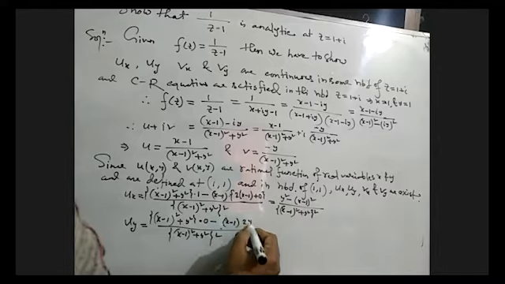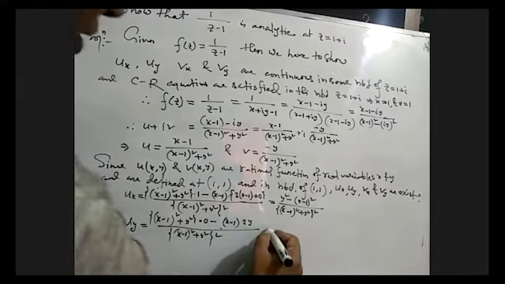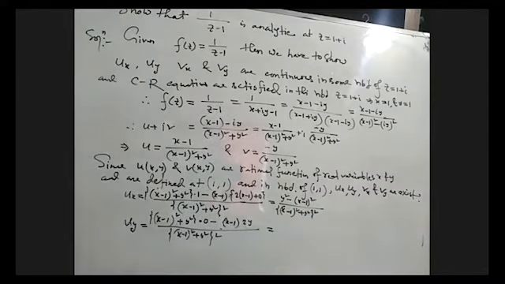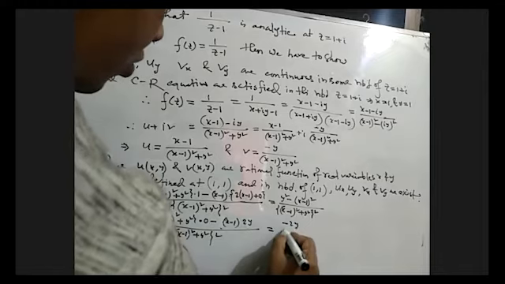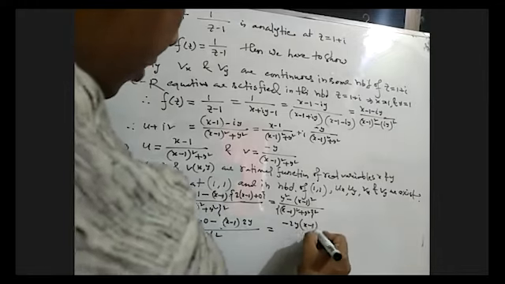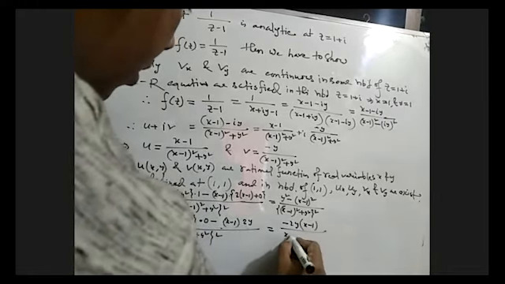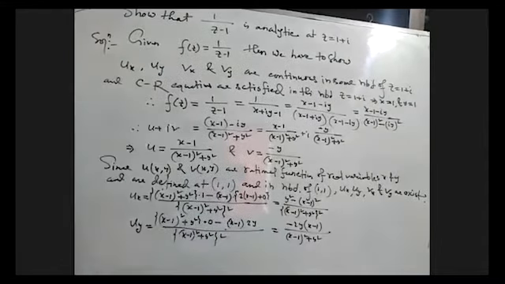Okay, twice y. So this value will be minus 2y into x minus 1 divided by x minus 1 whole square plus y square.